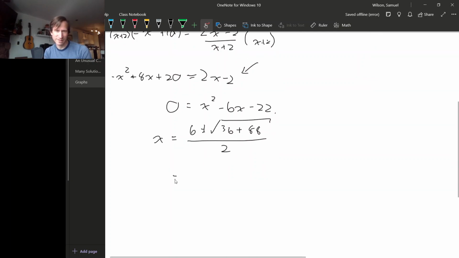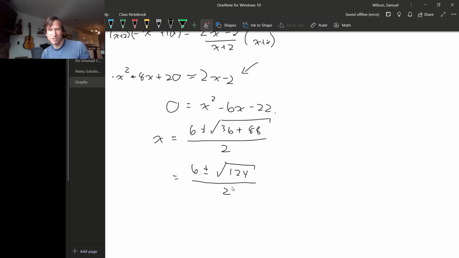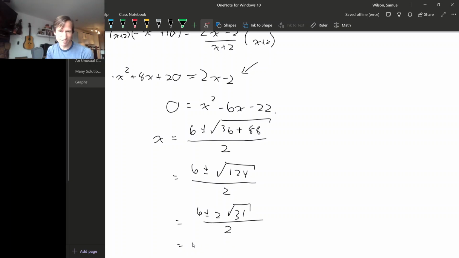So this is 6 plus or minus square root of 36 plus 88, 124, over 2. 124 is definitely divisible by 4, but that's it. So that's the only square factor. So this is 6 plus or minus 2 root 31 over 2. So this is 3 plus or minus root 31.